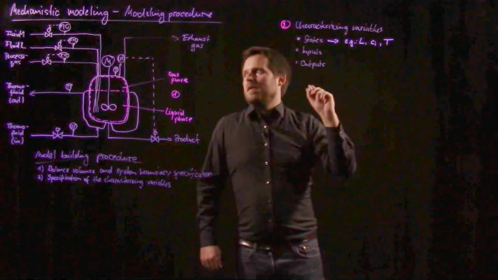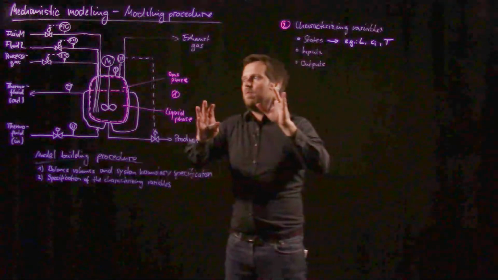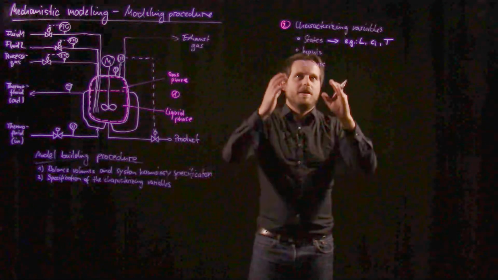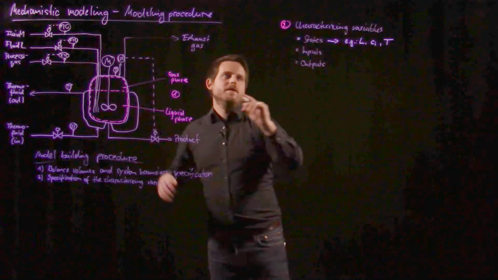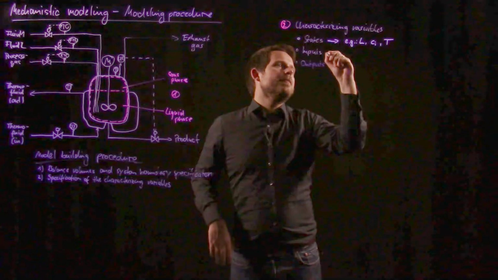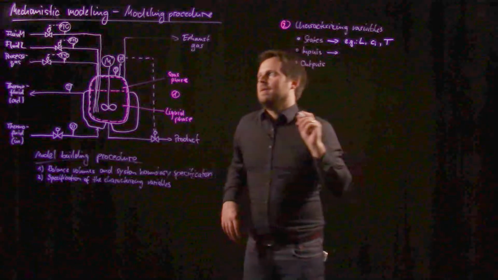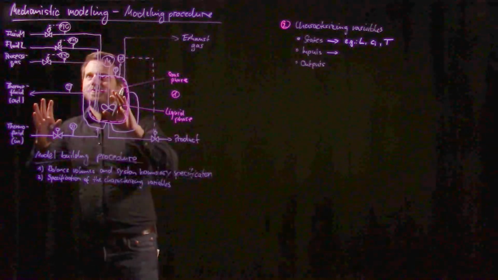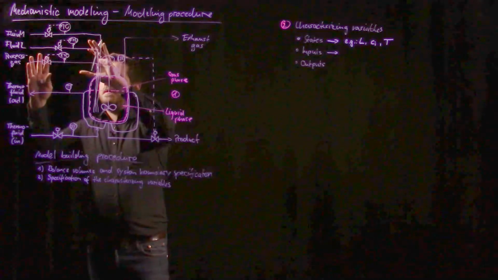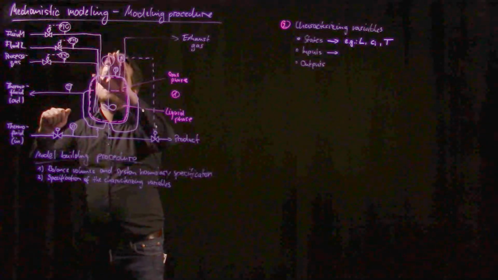Then the second type of important characterizing variables are the inputs to my system, and these could be like these flows here.